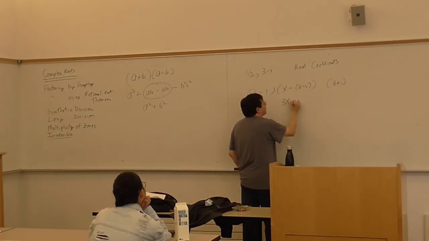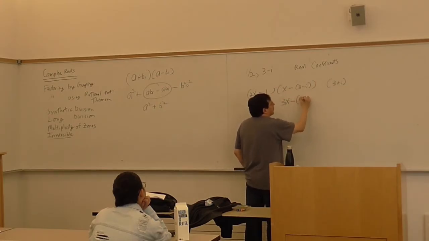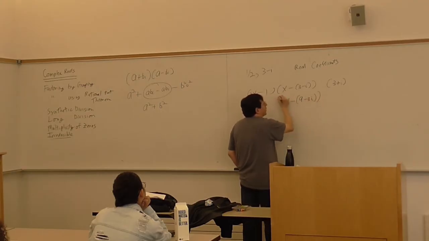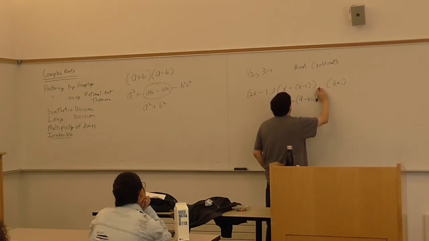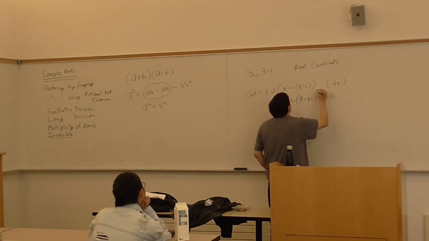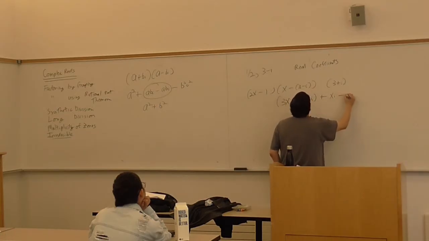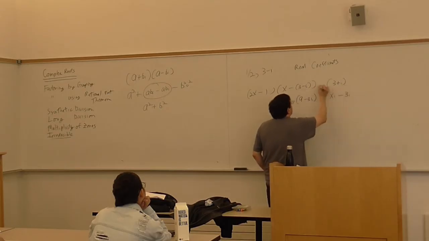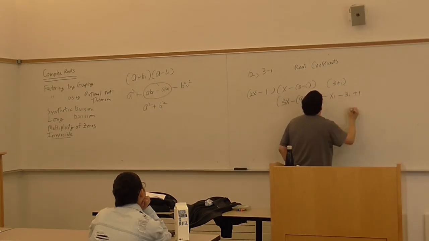So I get 3x minus 9 minus 3i. Plus, and now i, xi minus 3i minus i squared, which is just plus 1.